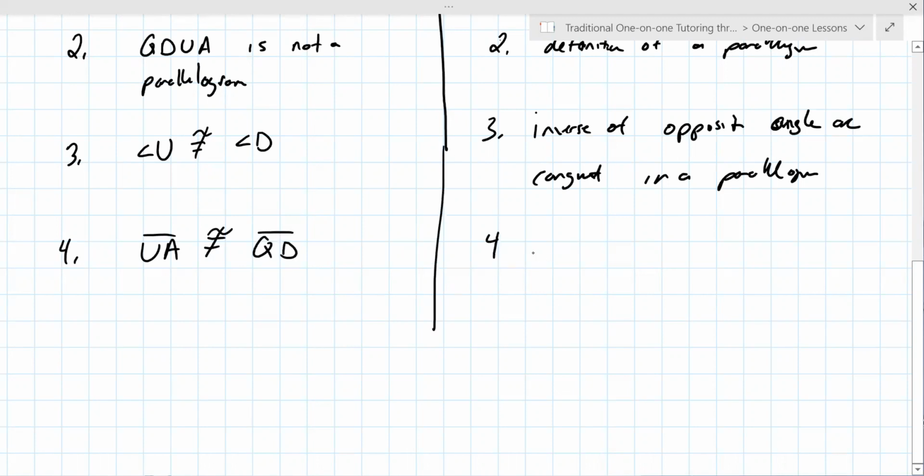And again, that's also the inverse of opposite sides are congruent in a parallelogram. Okay.